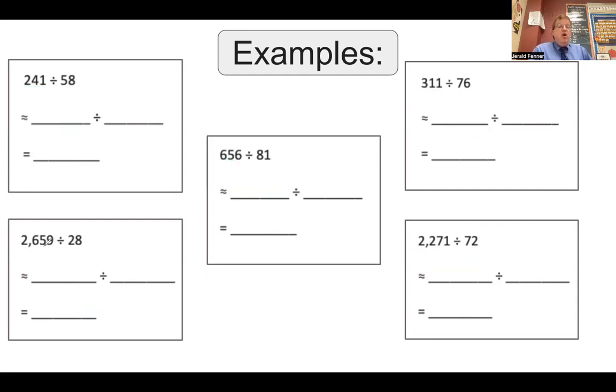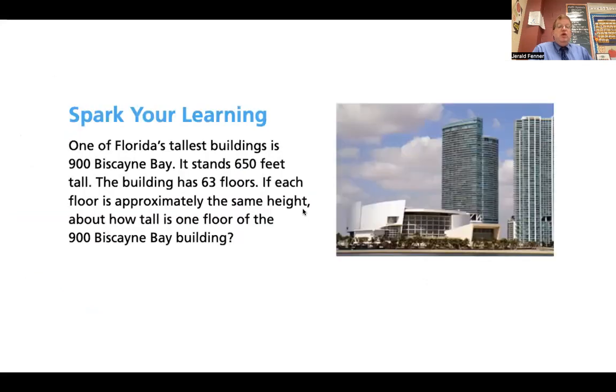So now we're going to open up our books to the very next page so that we can look at this in your workbooks. Please open up to page 43. If you look at Spark Your Learning, it says, one of Florida's biggest buildings is 900 Biscayne Bay.